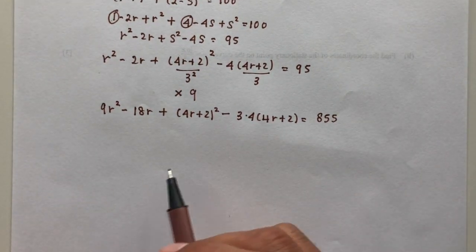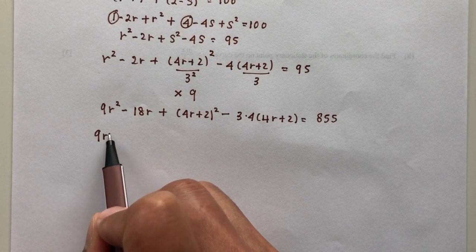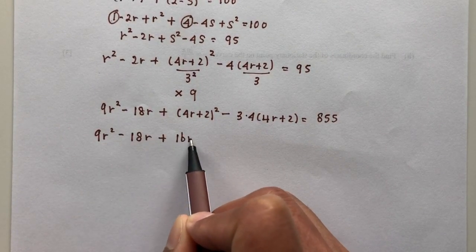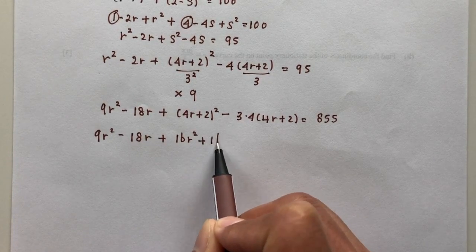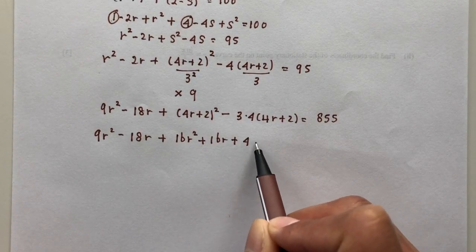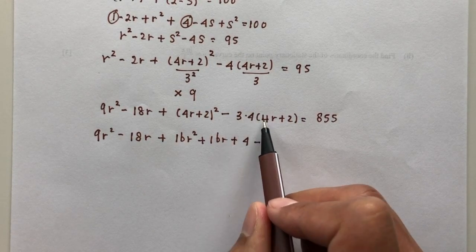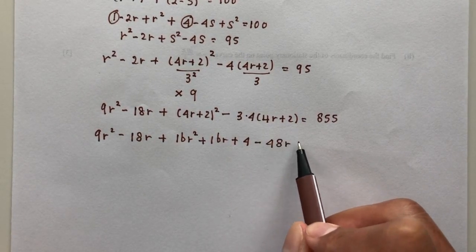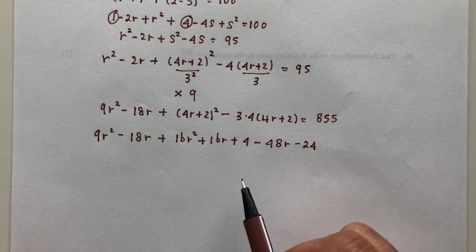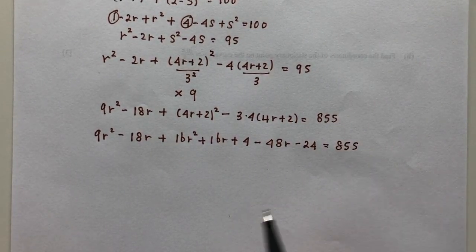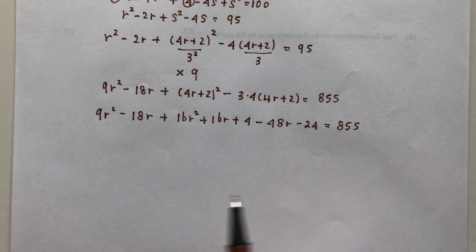Okay, so now expand. That will be 9r squared minus 18r plus 16r squared plus 16r plus 4 minus, so 12 times 4r, that will be minus 48r, minus 24, equal to 855. Now let's see what we can have here.